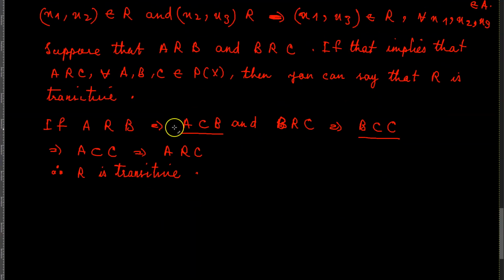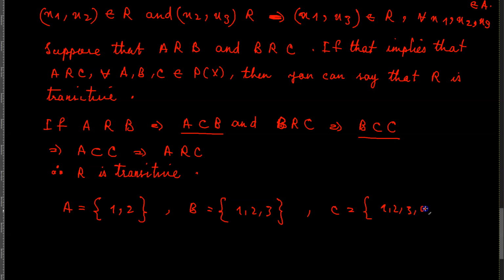So what that means, in simple language, is suppose that you have some set A, for example, 1, 2. You have some set B, for example, 1, 2, and 3. You have some set C, for example, 1, 2, 3, and 4.